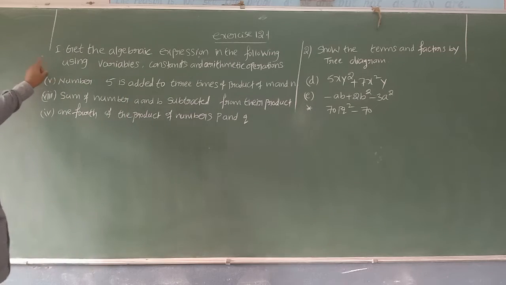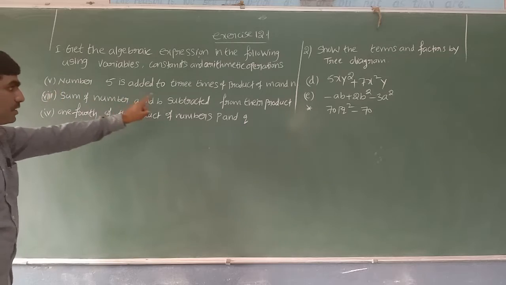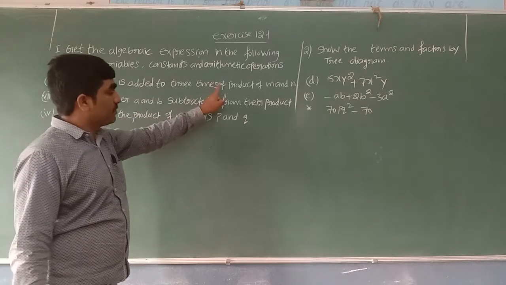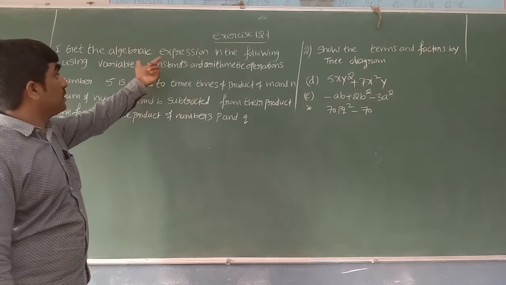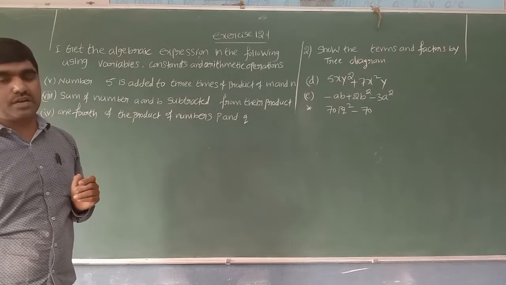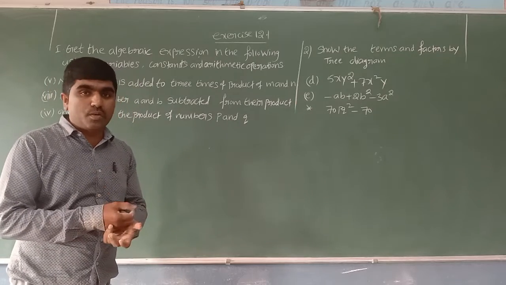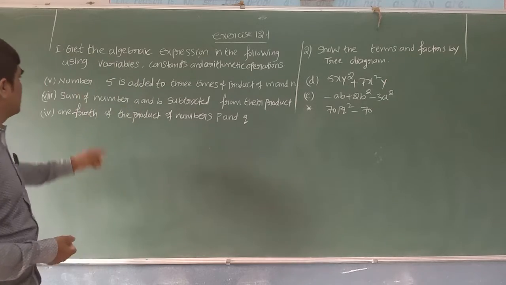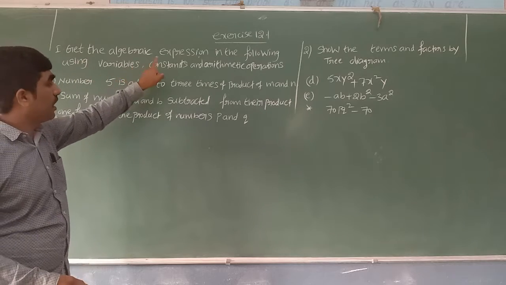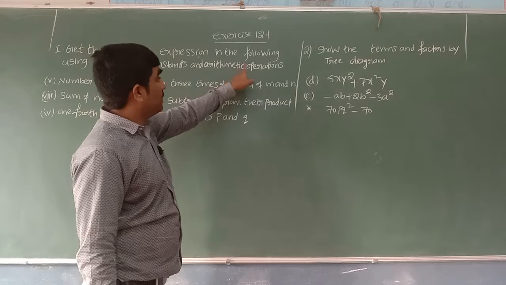In that, the first bit says: get the algebraic expression in the following. They gave a statement, and from the statement we need to get an algebraic expression, which means a collection of terms or a single term. If it is a collection of terms, it must be connected by the operations plus or minus, using variables, I mean alphabets, constants, numbers, and arithmetic operations.